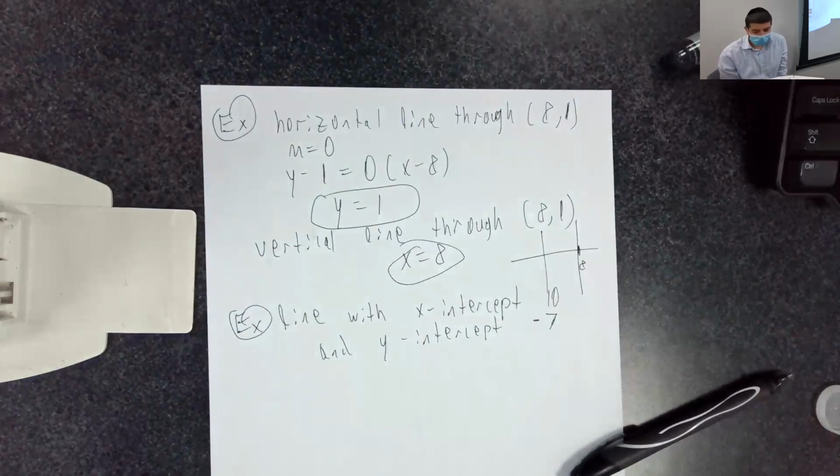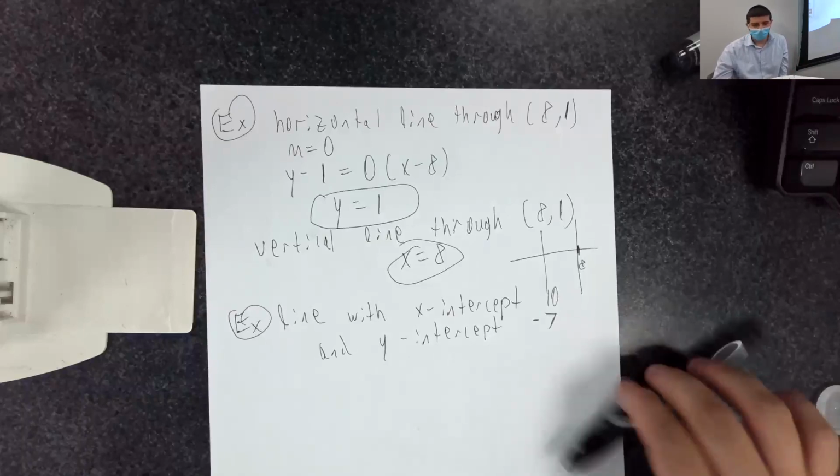Okay, so for this one, it might help to draw it a little bit. Draw what it would mean for a line to have x-intercept 10 and y-intercept -7. And if you draw it correctly, you'll be able to read off 2 points of your line and then get the equation. But yeah, draw it first.